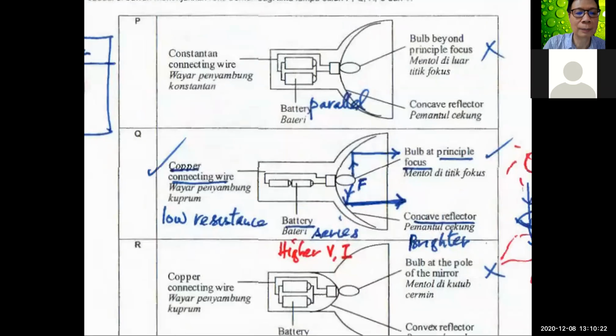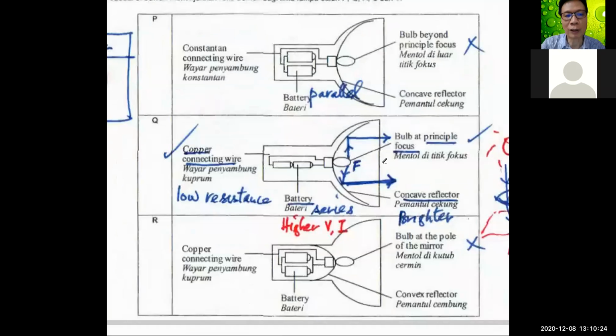I want to focus on this diagram now. You can see here the bulb is beyond the principal focus. This one is definitely out, you can cross it. As I told you, to have a parallel light beam, the bulb must be on the focus point. So I choose this one, because the bulb is at the principal focus point.